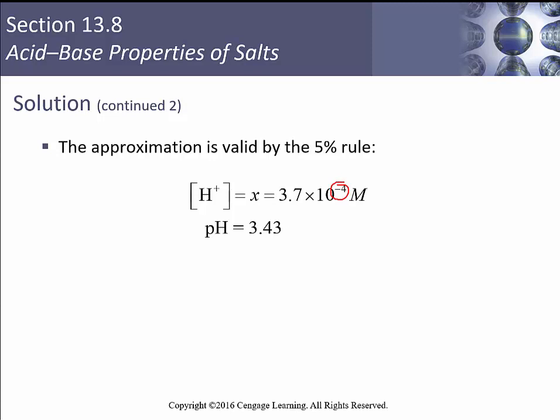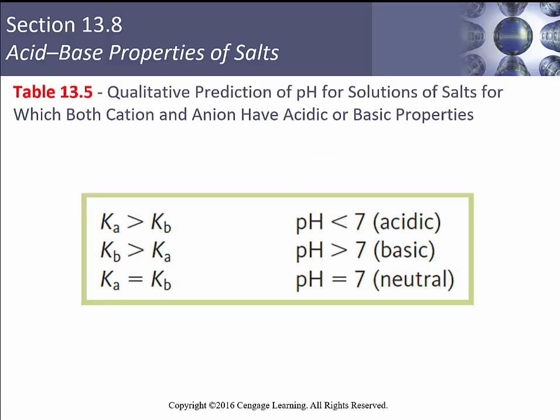Right? We can qualitatively predict the pH of solutions in which both the cation and the anion have acidic or base properties. So really what's happening is you've got a fight between the Ka of the acid component that's making H pluses and the Kb of the basic component, the anion, that's going to be making hydroxide.